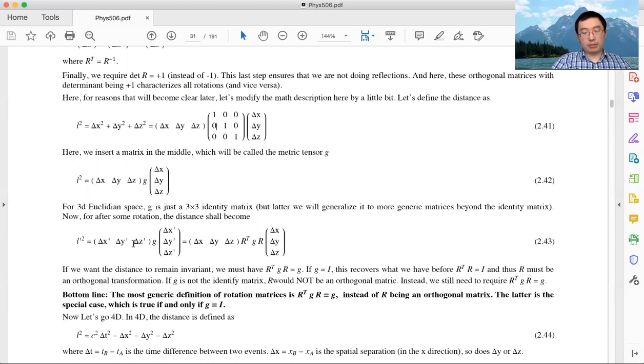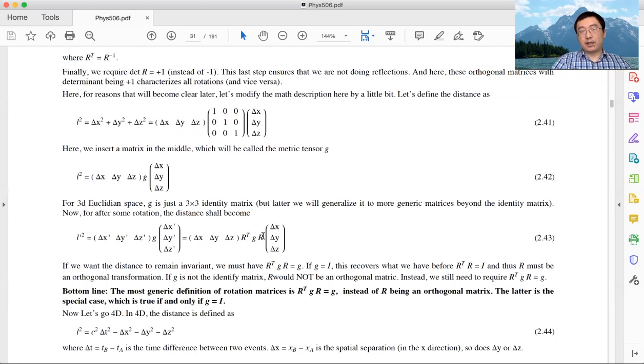And x prime, y prime, z prime and my original x, y, z are related by a rotational matrix. The column vector is multiplied by the rotational matrix. The row vector is multiplied by the transpose of the rotational matrix. So it's R transpose G R. It's the same formula as we had before. The only difference is I keep my G, my metric tensor, in the middle.